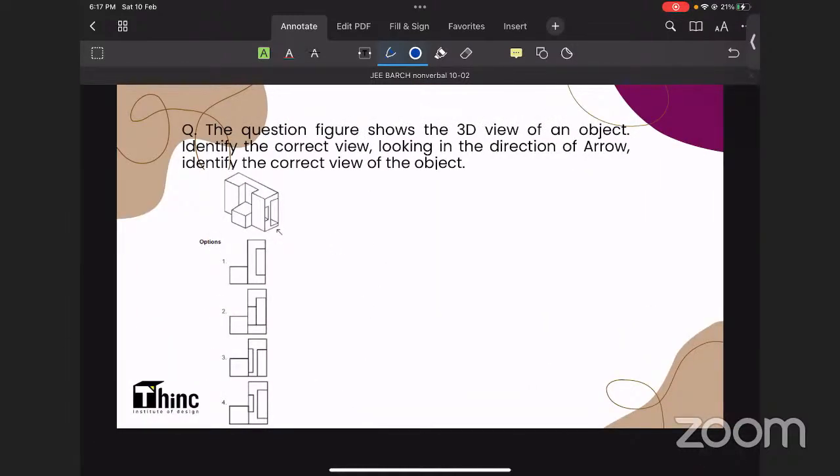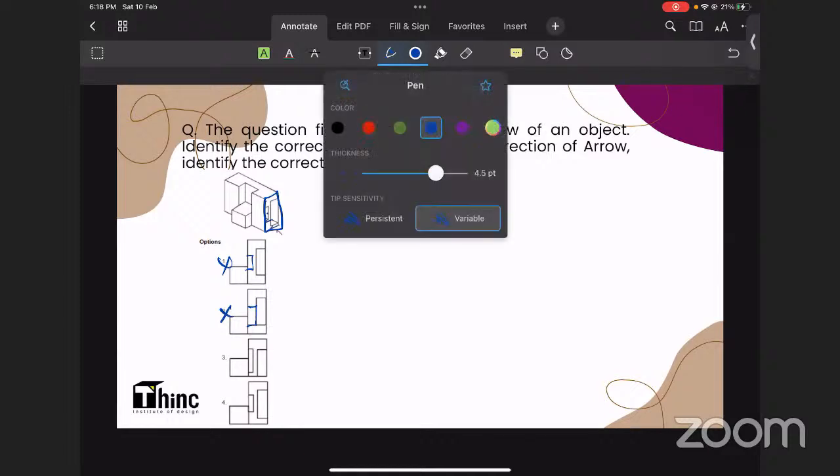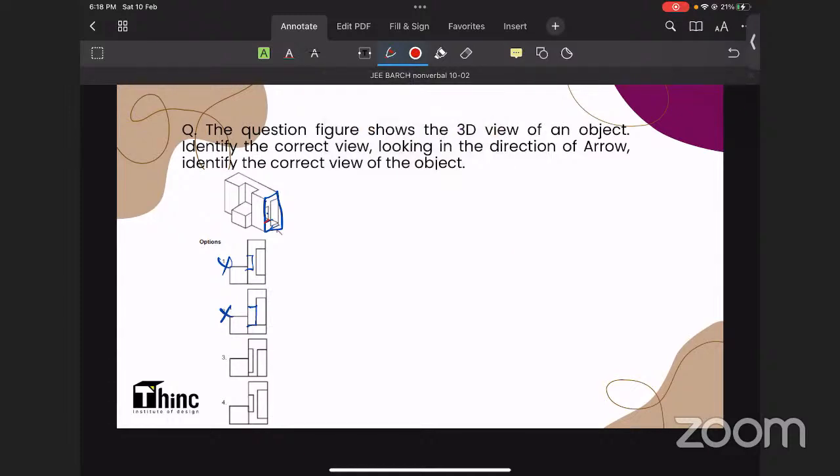Now comes the next question from the same topic. So over here, you can use a comparison on this particular rectangle. So the presence of this rectangle, we need to take care. Option 1 gone. Option 2, actually it is not at all coming like this. So option 2 also you can eliminate. And because it is not ending on the same length. It is ending here and it is ending here.